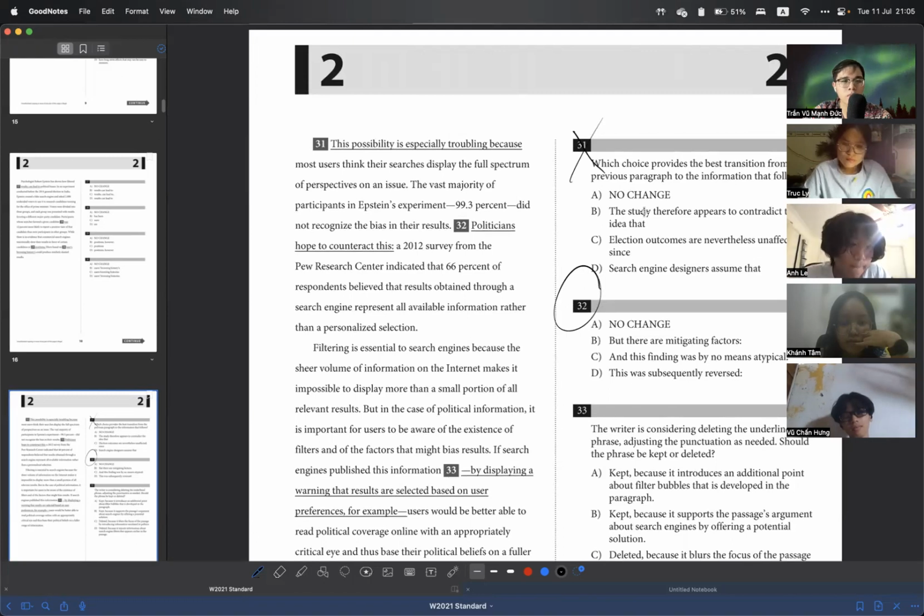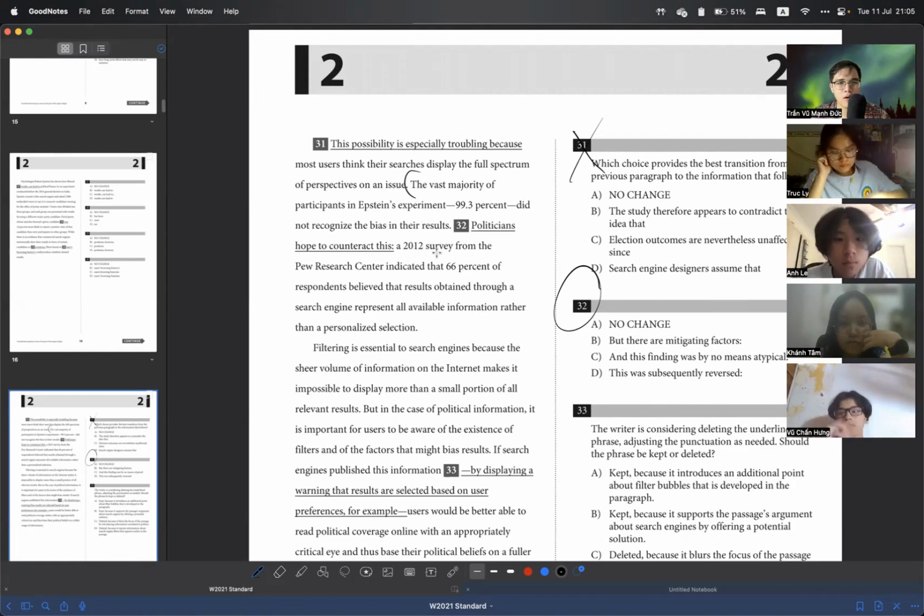C. Let's see, 32, C. Let's read the sentence before, because this seems like a transitioning sentence. The vast majority of participants in Epstein's experiment, 99.3% did not recognize the bias in the results.